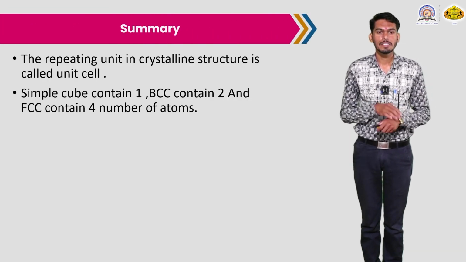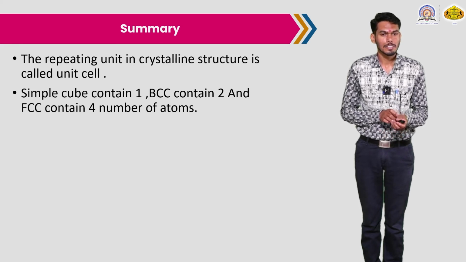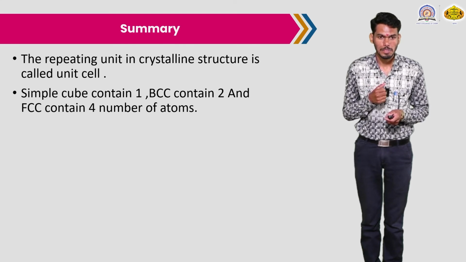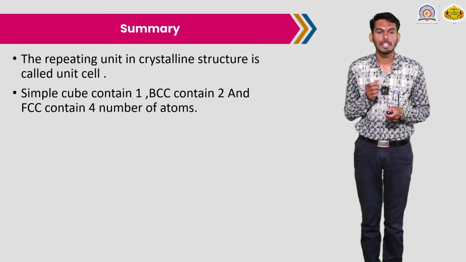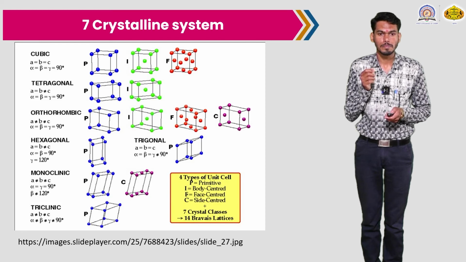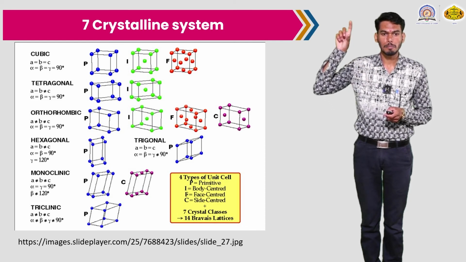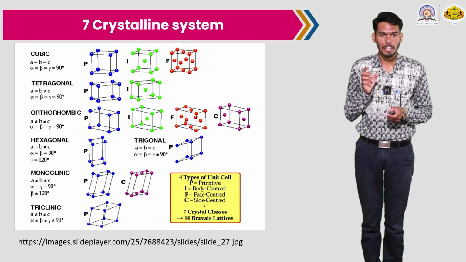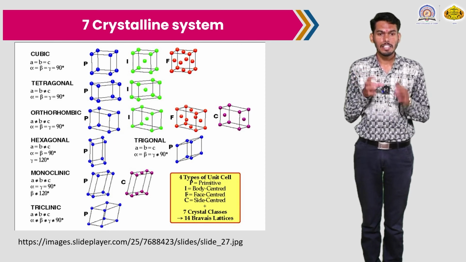In this lecture we have discussed that the repeating unit of a crystal structure is called a unit cell, where simple cubic contains 1 atom, BCC contains 2 atoms and FCC contains 4 atoms. In the slide we discussed that the primitive cubic crystal has 1 atom in whole, because 1/8th of each corner atom is in the cube.